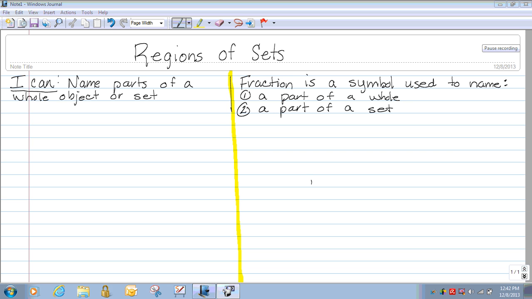When we write a fraction, it has a numerator, n equals the numerator, and it's over d, which is the denominator.